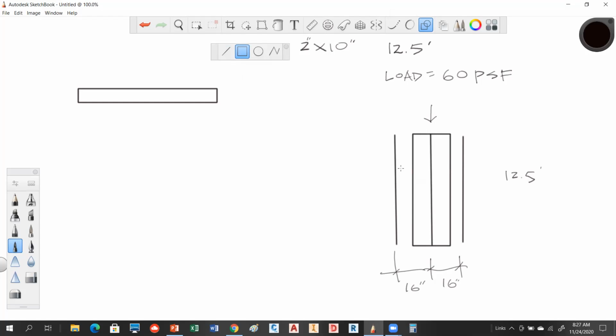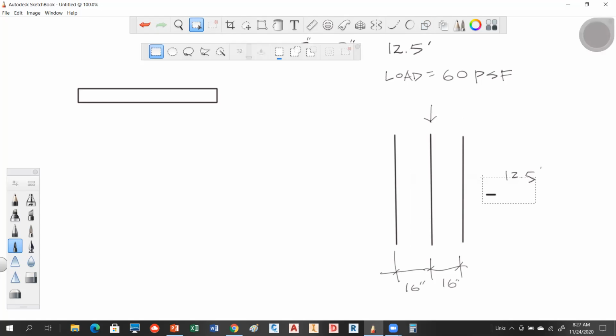So it's going to be 16 inches times 12.5 feet times a load of 60 pounds per square foot. That's going to give me the load, okay? So the area is 16 inches times 12.5 feet. Let me clean this up a little bit so we can see what we're doing.